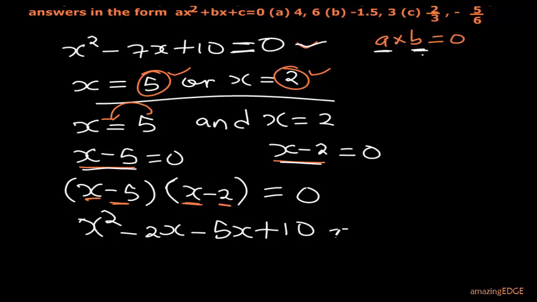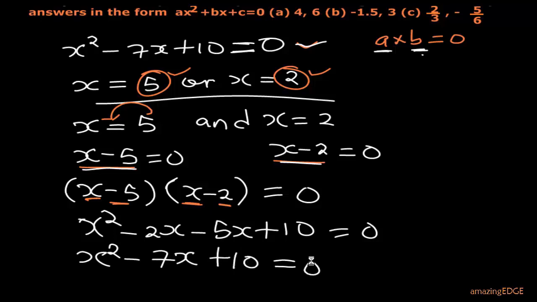So this is still equal to 0. You combine the like terms: minus 2x minus 5x gives you minus 7x, plus 10 equals 0. So you go back to this quadratic equation. Whenever the roots of the quadratic equation are given, you can get back the originating quadratic equation. So that's what we mean.